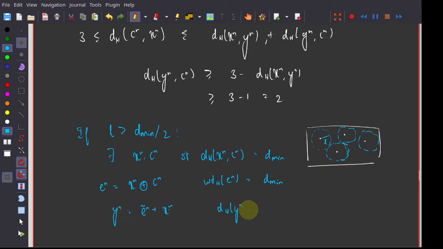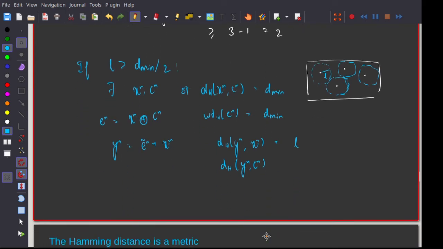The distance between yn and xn is L, since I'm picking L locations which are 1 in en. But what can I say about the distance between yn and cn? Will it be less than L or greater than L? It will be less than L.